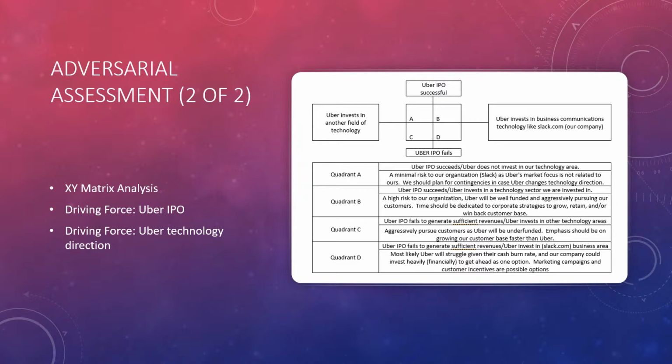So using these driving factors, we're able to chart out a couple scenarios. The scenario with the most risk to our organization is Uber is successful with an IPO and decides to go after a technology sector like our own. And this is a high risk to our organization as they'll be well funded and aggressively pursuing our customers.